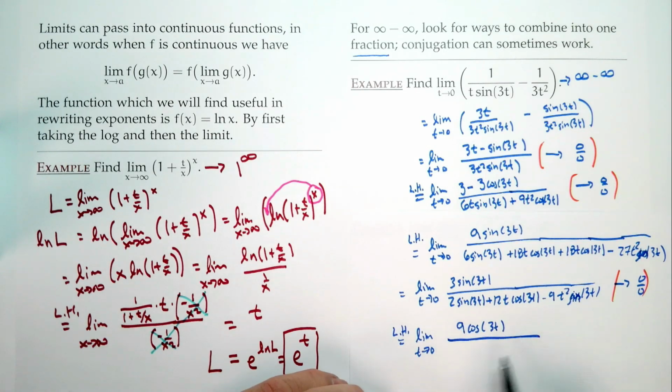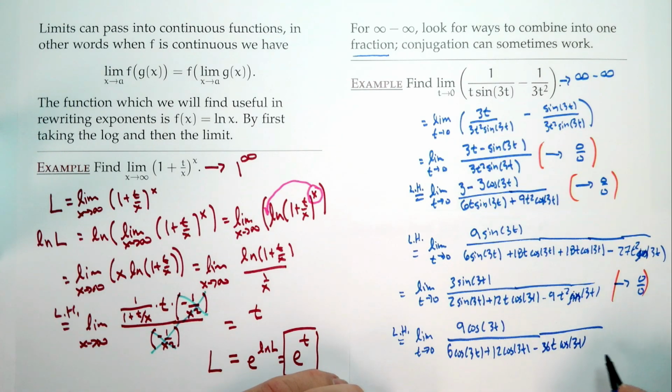Let's see what happens downstairs. Well, we're going to get 6 cosine of 3t. Then over here, we'll get plus 12 cosine 3t, plus 12t times the derivative of cosine 3t, which is minus 36t times sine 3t.